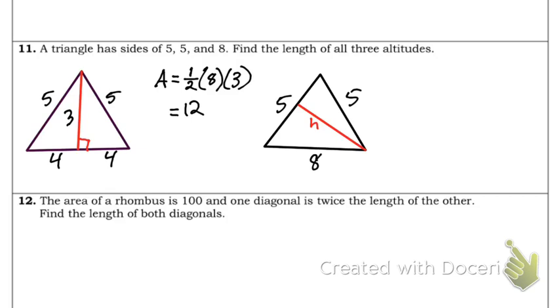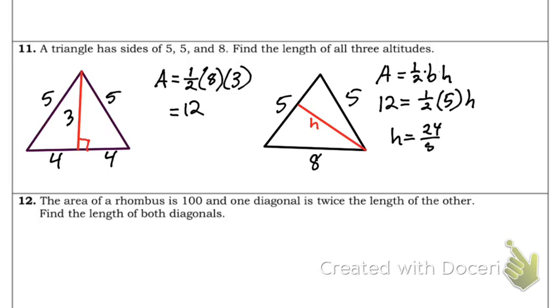Well, note that area equals 1/2 base times height, but this time the base is 5. But my area stays the same, so my area is still 12. My base changed to 5, and that's my height. So we are going to have, what is that, 28 divided by 5? No, 24 divided by 5. So this h equals 24 divided by 5.